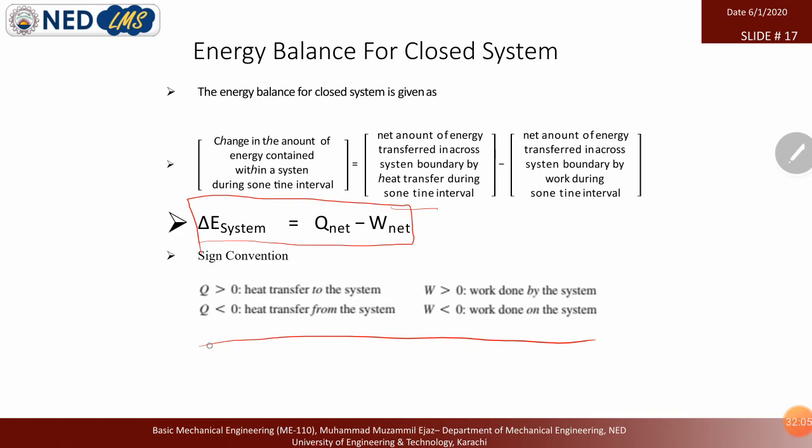Students do make mistakes due to this sign convention. If you do not remember the sign convention, you will make mistakes in the numerical and it will give a different answer.